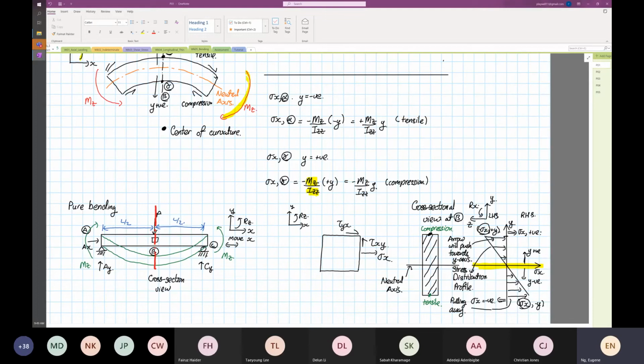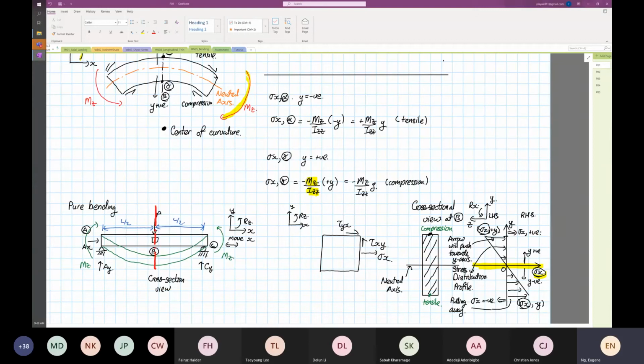So let me elaborate, okay? Down here, this axis that I highlight in yellow is for stress X, right? So this is our 0, yes or no? On the right hand side of the stress X line, stress X is positive.